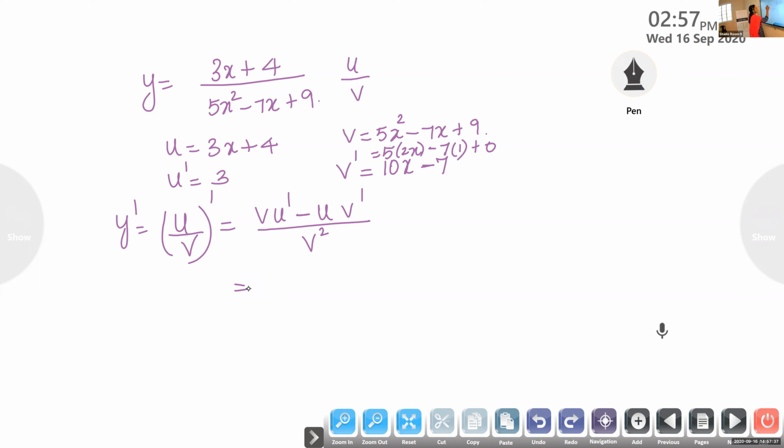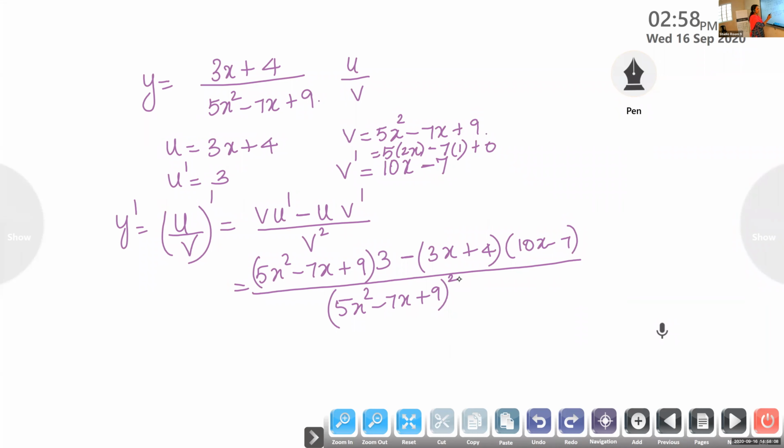It is 5x square minus 7x plus 9 into u dash, which is 3, minus u, which is 3x plus 4, into v dash, 10x minus 7, by v square, 5x square minus 7x plus 9 the whole square.